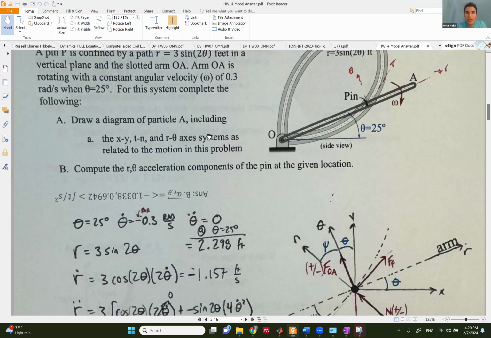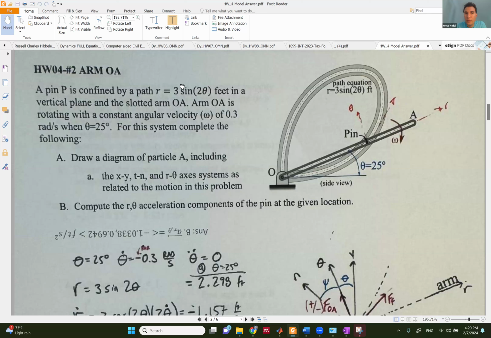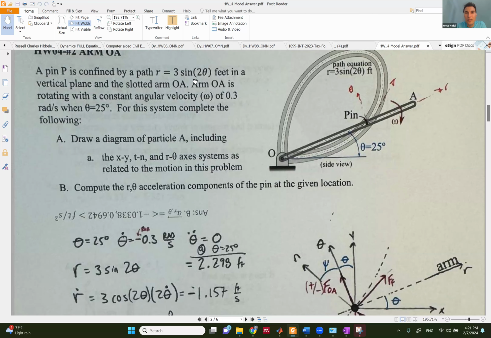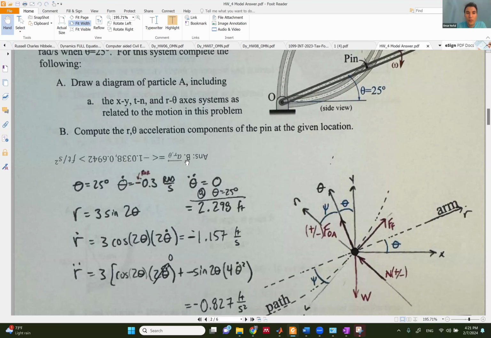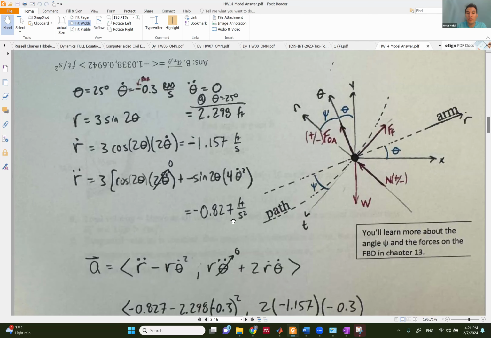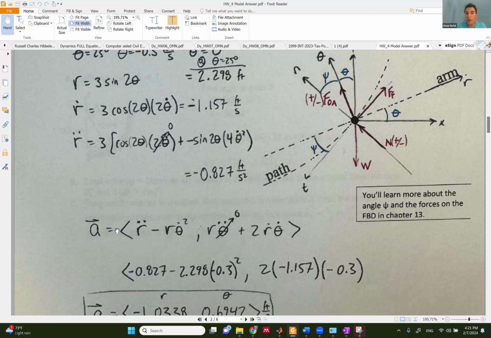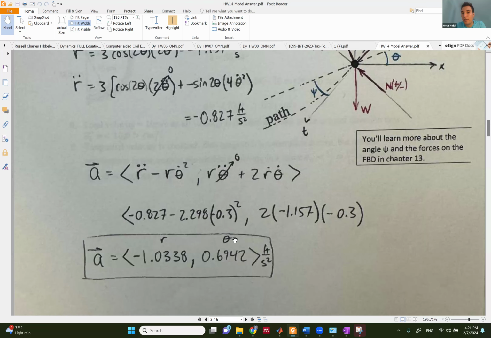If I give you r as a function of theta, all you have to do is some differentiation, you get r dot, r double dot, and then somehow I will give you in the problem theta dot, and tell you that theta dot is constant, so theta double dot is zero. So you need to get theta dot, theta double dot, r dot, r double dot. And once you have them, you substitute in the equations in the equation sheet to get a_r and a_theta, and that's it. The problem is done.